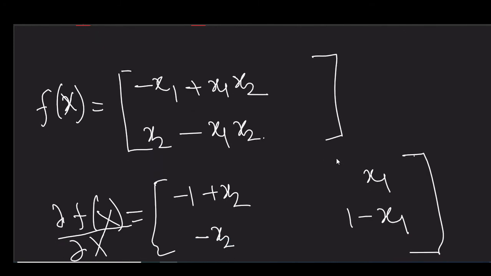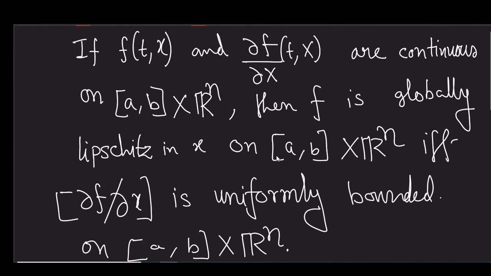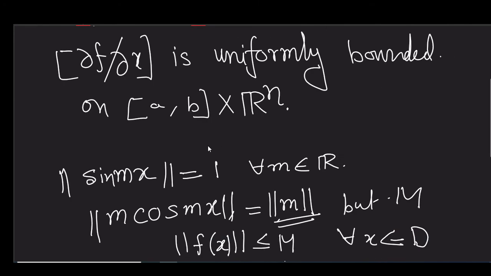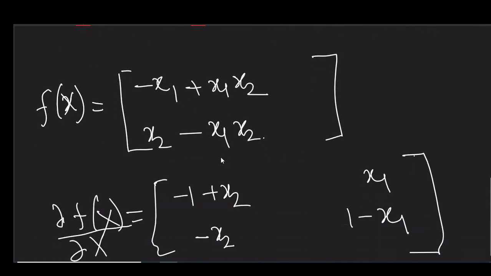Now here, this function is not globally Lipschitz. Why? Because it is globally Lipschitz if and only if del f del x is uniformly bounded. So let us check whether this one is uniformly bounded or not.